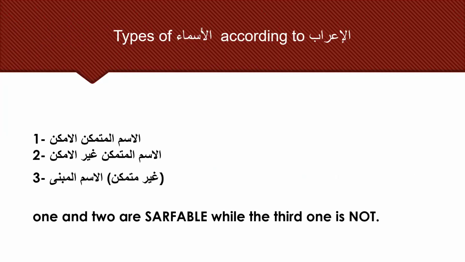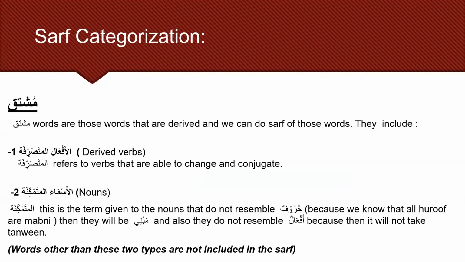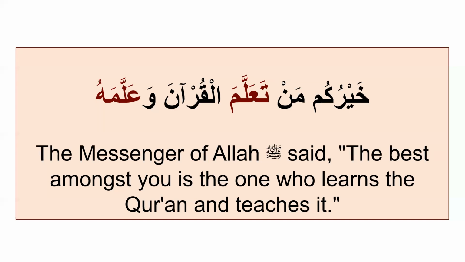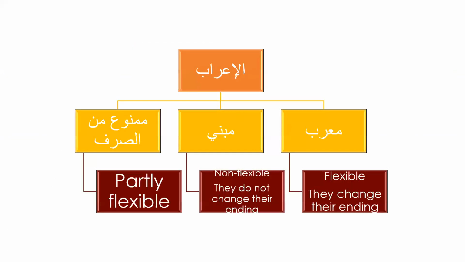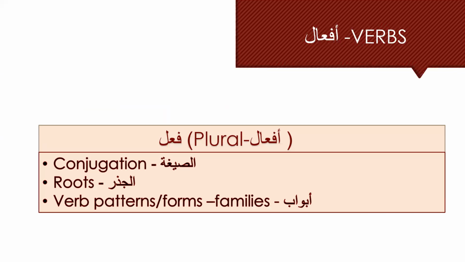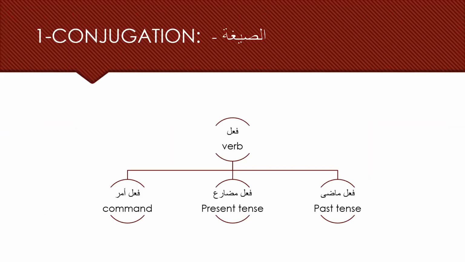Then we learned that there are two types of words on which we can apply sarf, that are sarf-able. And then we had the intro, just a review for the fa'l, as you know, and we learned that most of the family members of the families are af'al.